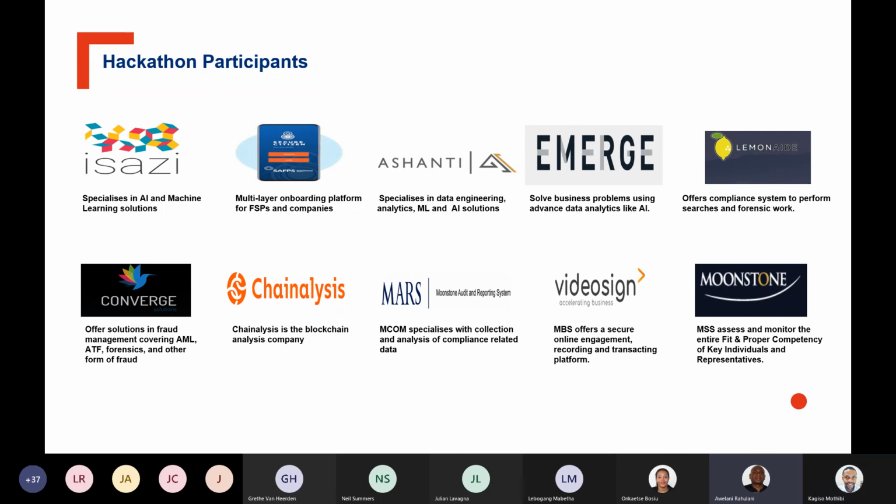Okay, so the score charts indicated that there is a tie for the first position, which went to both Isazi and Ashanti AI. So there's a tie between Isazi and Ashanti AI for the first position.